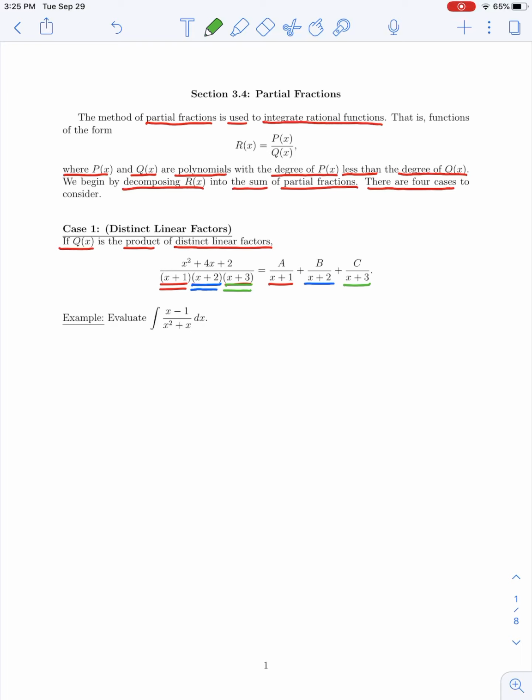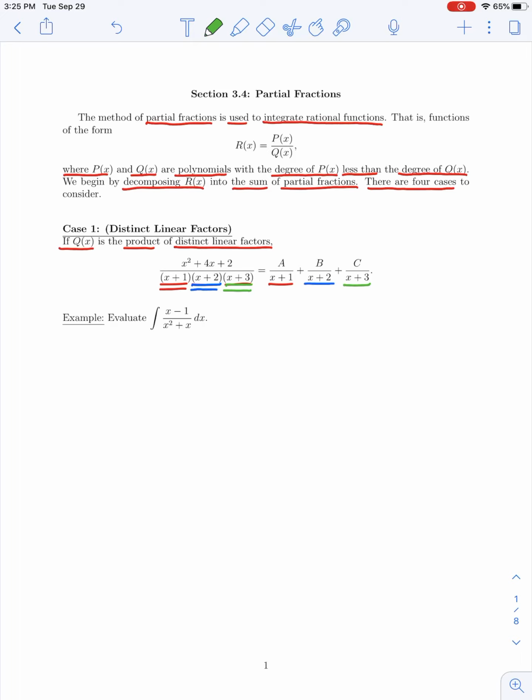If we had other distinct linear factors, say an x minus 7 term, then we would have an additional term in our sum, of the form d over x minus 7. These numerators, a, b, and c, are constant values.